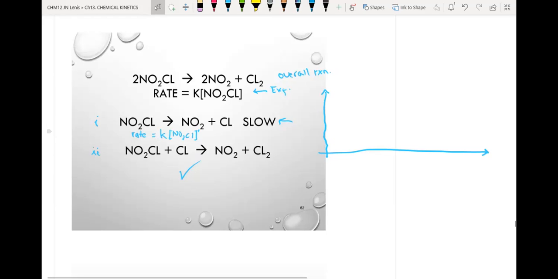So for an exothermic reaction, here are the reactants and here are the products. Reactant, in this case only NO2Cl, and the products NO2 plus Cl2.